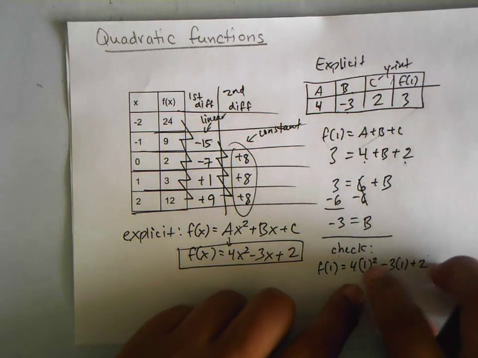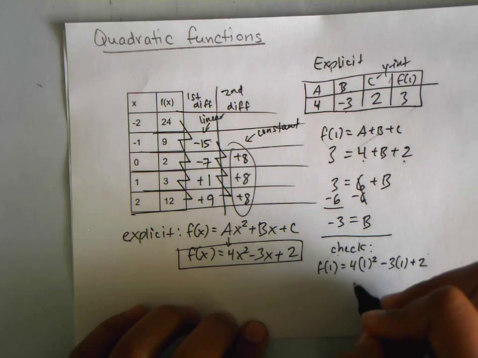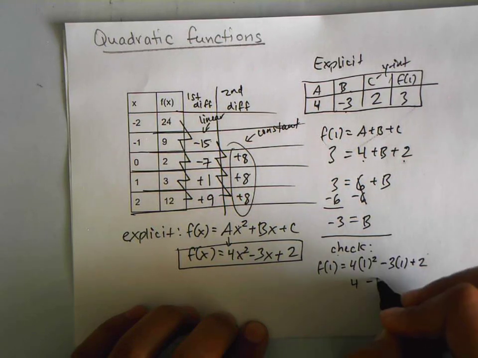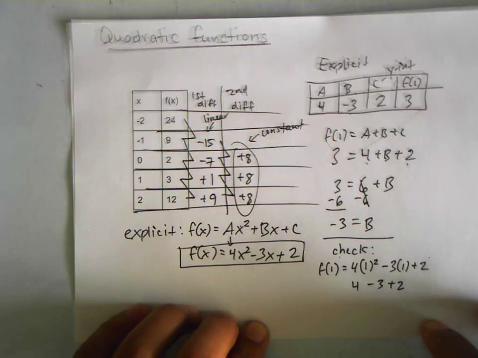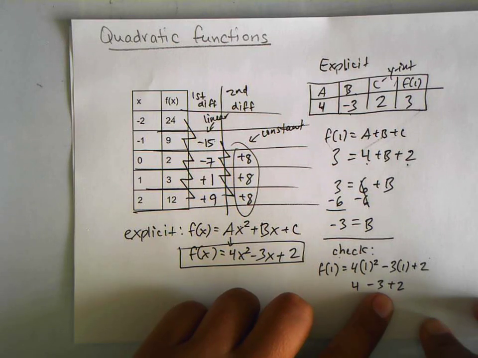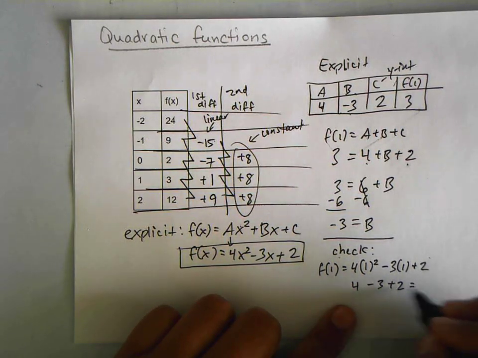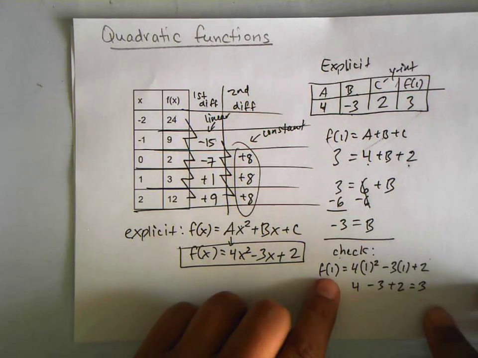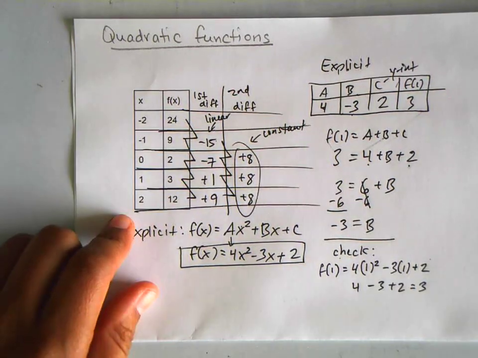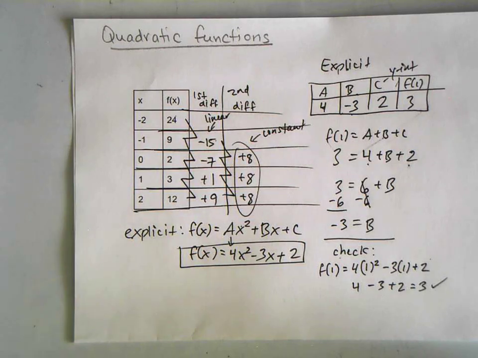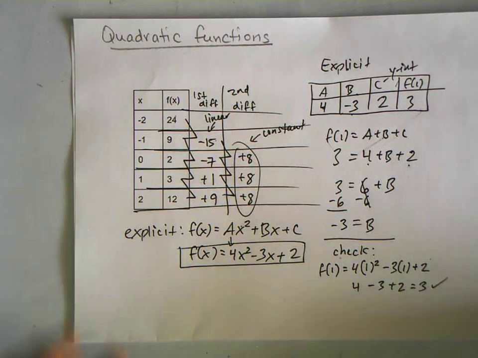So make sure you square the 1 first, which is just 1 again, times 4 is 4, minus 3 plus 2. 4 minus 3 is 1 plus 2 is equal to 3. Let's see if f of 1 matches. Woo! Did it. Congratulations. Hope you got that right.